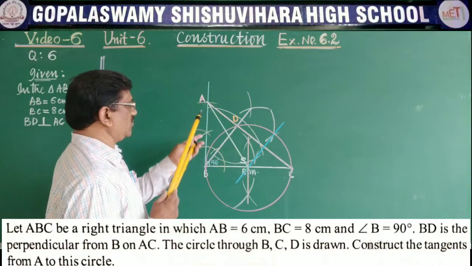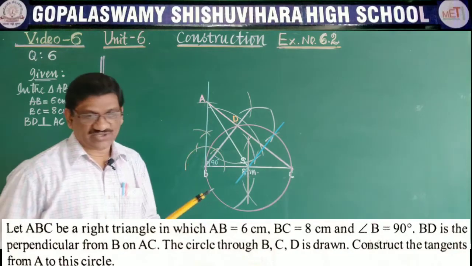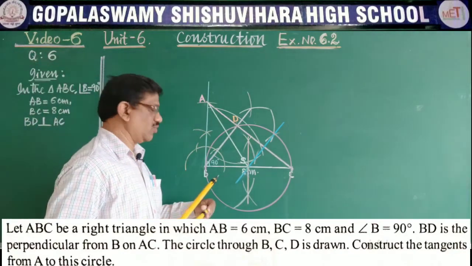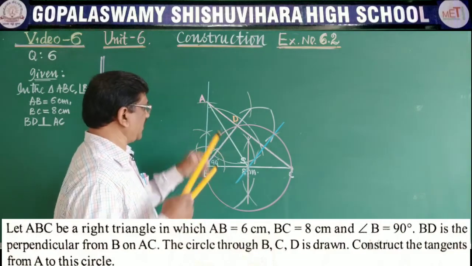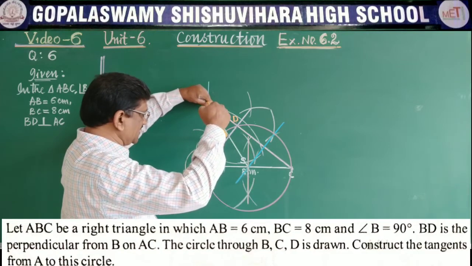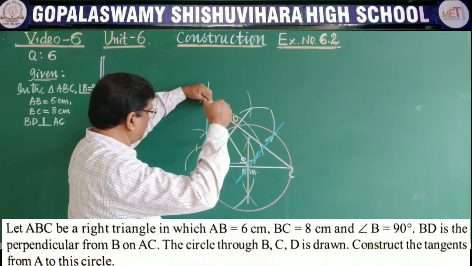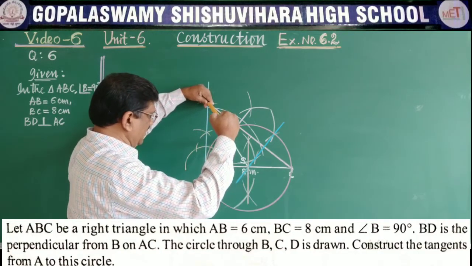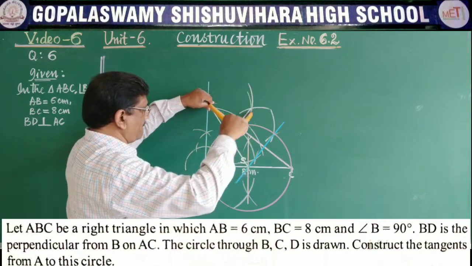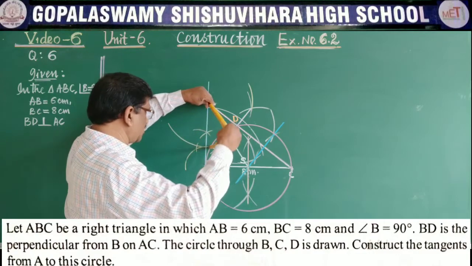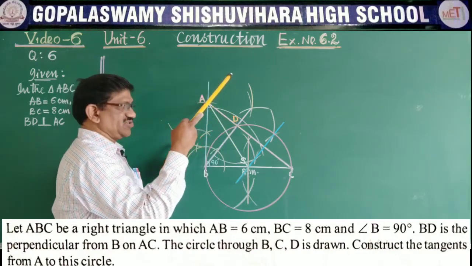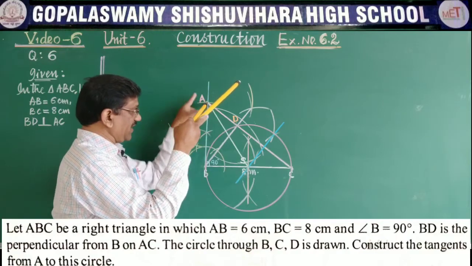You know that to construct a perpendicular bisector, we have to take a radius more than half of the line segment. So here you see, for this AS, I am taking more than half of AS, drawing 2 arcs with A as a center on either side of AS.